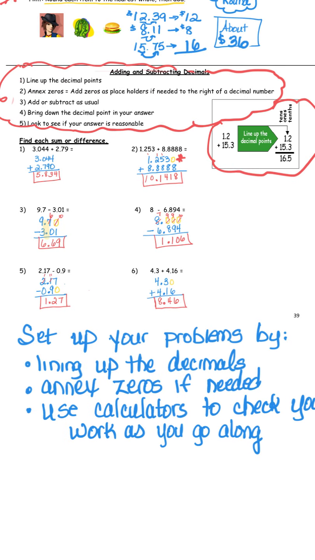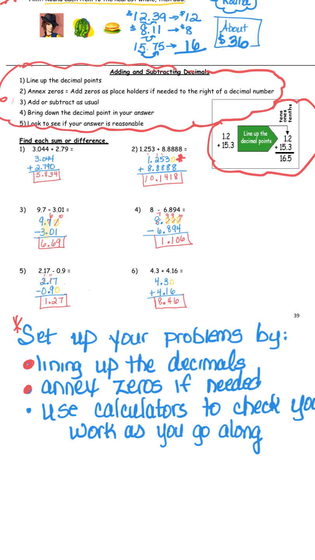Next, just some key points and some important things that you really should know. You can copy all of this, boys and girls, into your workbook. You're going to set up your problems by, 1, lining up the decimals. Real important here. Next point, annex zeros if needed.